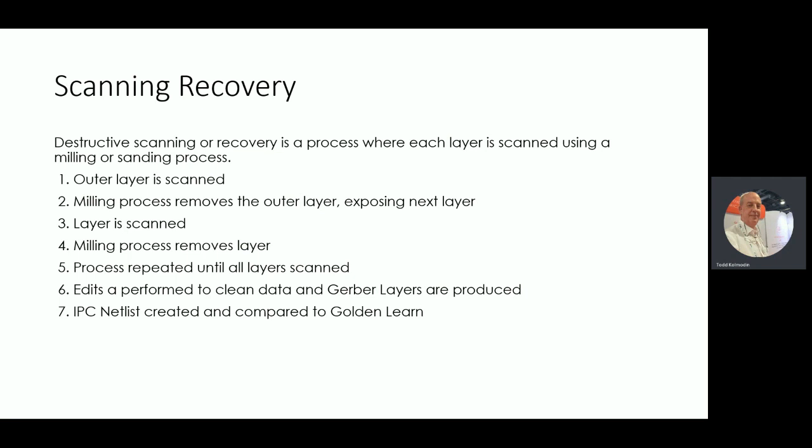And from there, that information can be sent back to the customer, and then they can go and do their PCB manufacturing. So that's one of the two main ways of doing that.